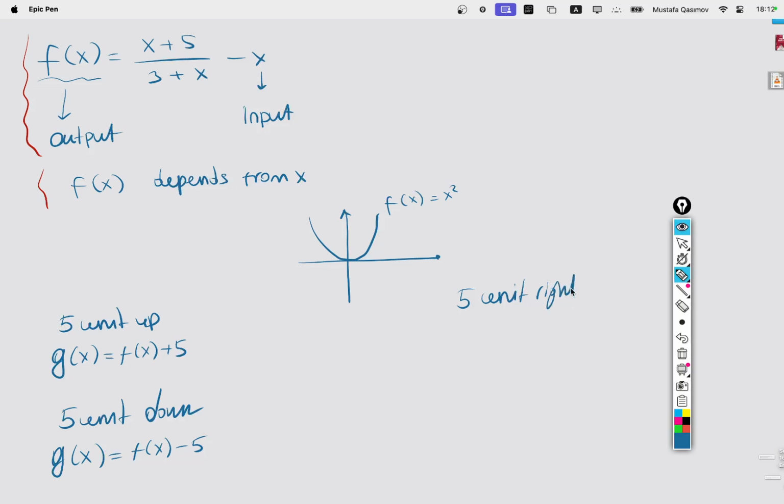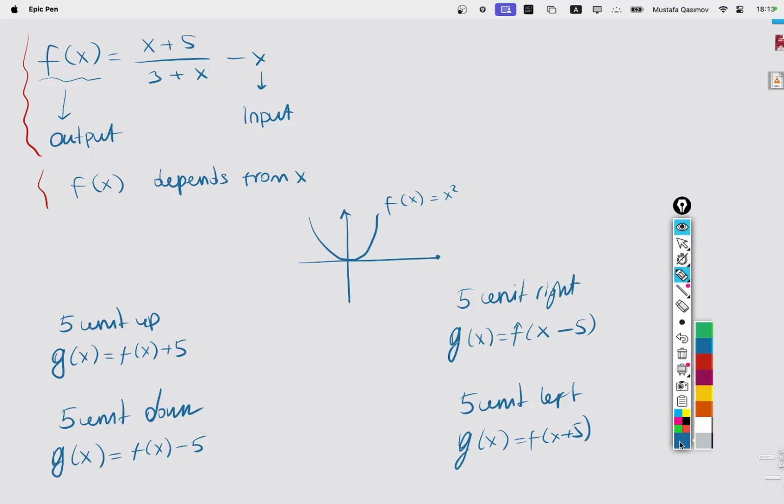If it is 5 units right, you have to write it like that. g of x is equal to f of x minus 5. It is not plus. Maybe some of you think it is plus, but it is actually minus 5. And for 5 units left, it will automatically be g of x is equal to f of x plus 5. Okay, now let's look at their functions.